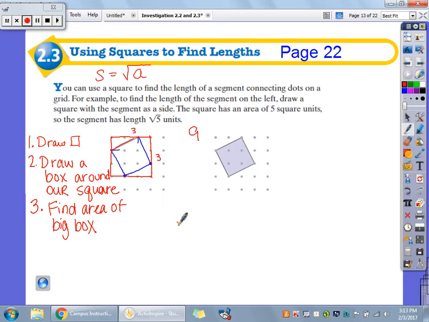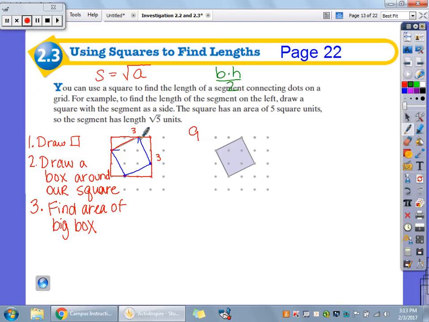Now, in order to find the blue square, we need to subtract out these little triangles that are on the sides here. And we know that whatever area this triangle has, this area is going to be the same, this is going to be the same, this is going to be the same. So we know that the area of a triangle is base times height divided by 2.